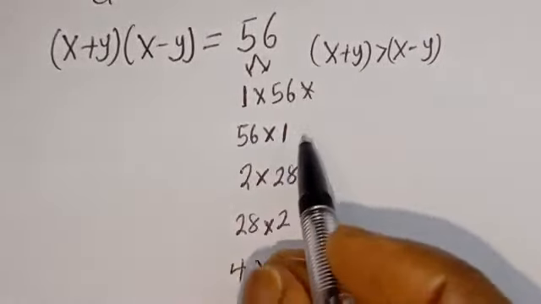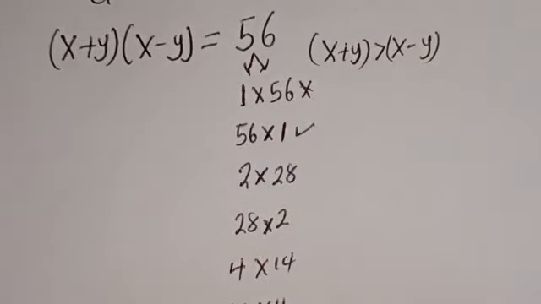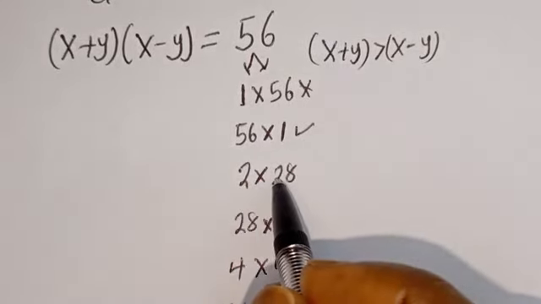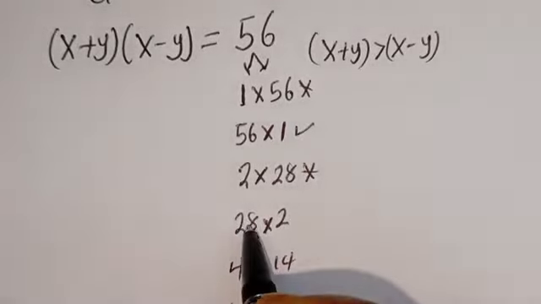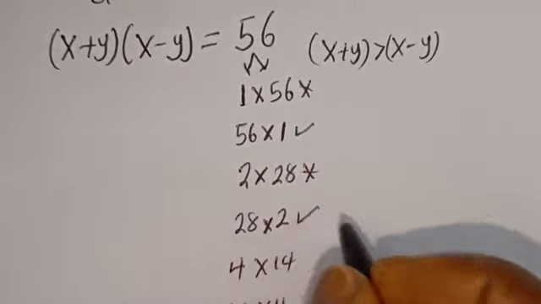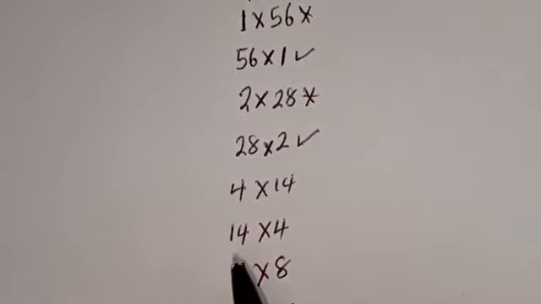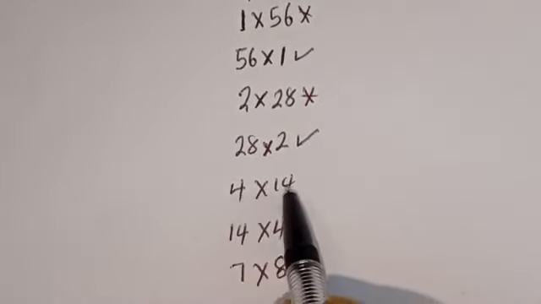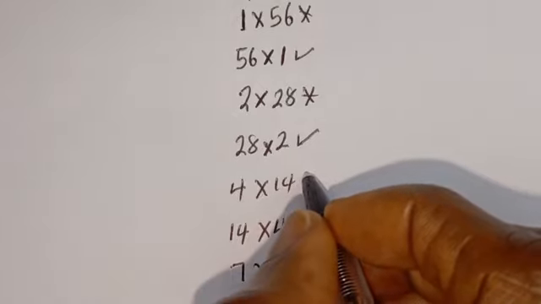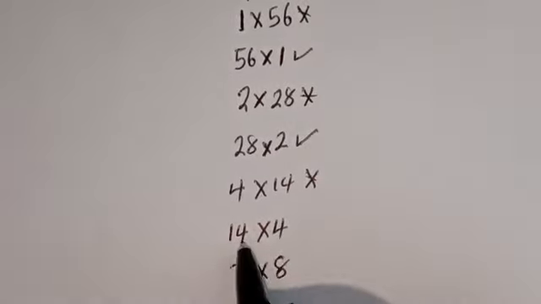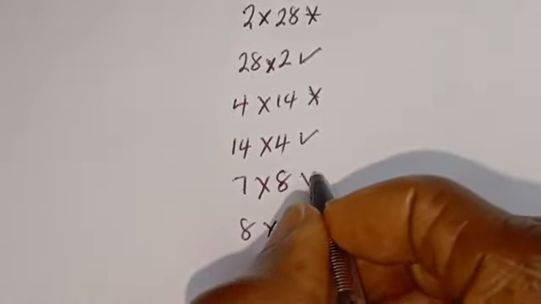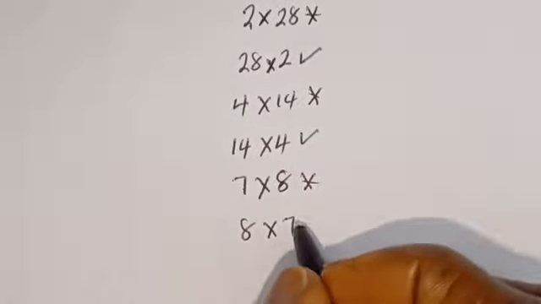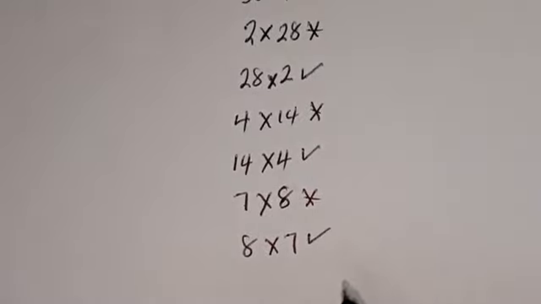Then 56 is greater than 1, this is accepted. 2 is less than 28, cancelled. 28 is greater than 2, accepted. Then also 4 is less than 14, cancelled. 14 is greater than 4, accepted. And here we have 7 is less than 8, cancelled. Then 8 is greater than 7, accepted. We have how many cases?